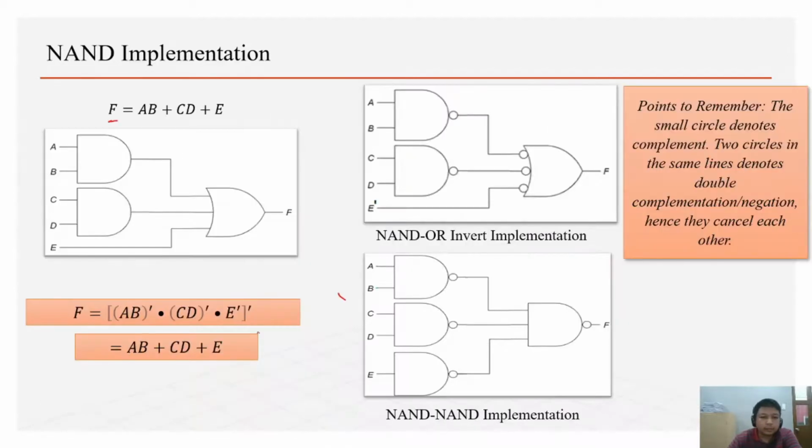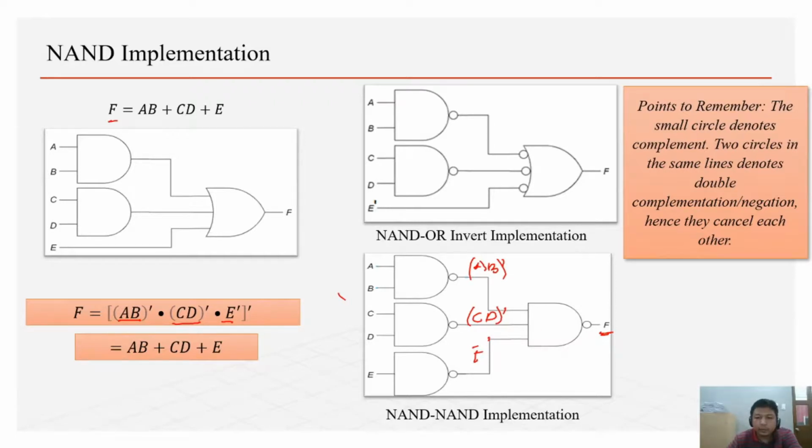So kung titignan natin yung output ng F na makukuha natin sa last figure, we can have AB prime because that is already written in NAND gate, CD prime, and we have here E prime. So putting it here, this is A, B prime, C, D prime, and we have here E prime.